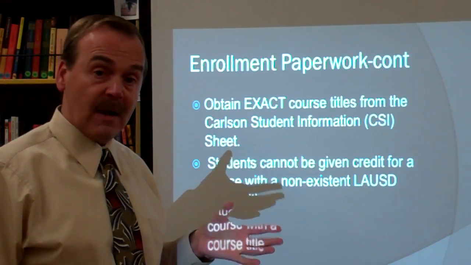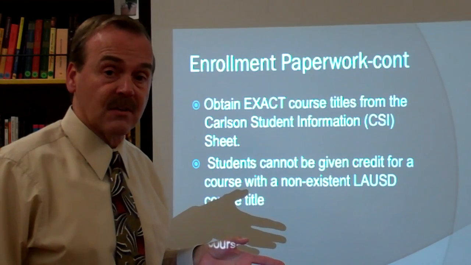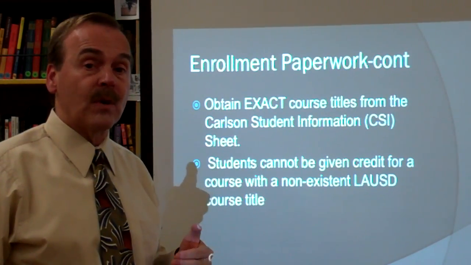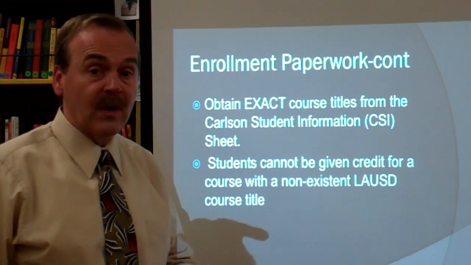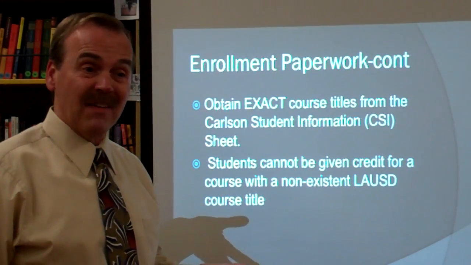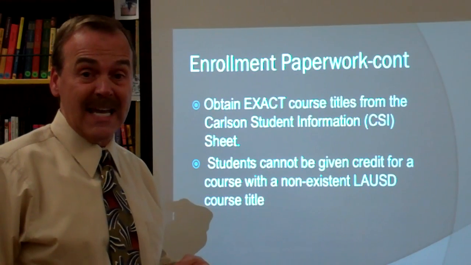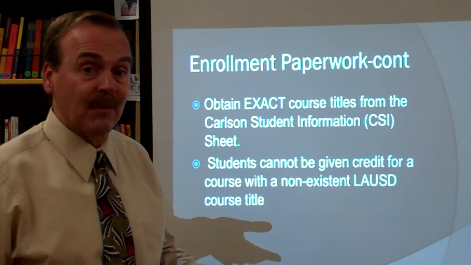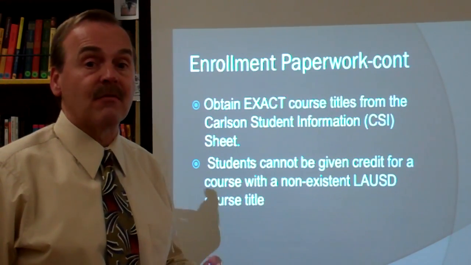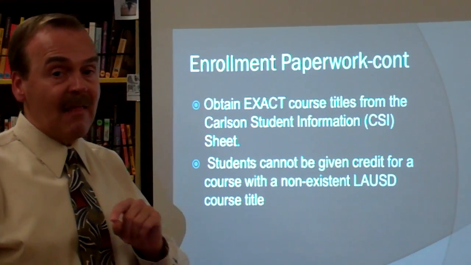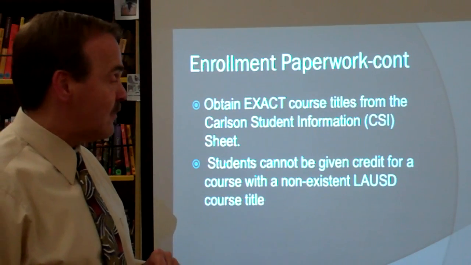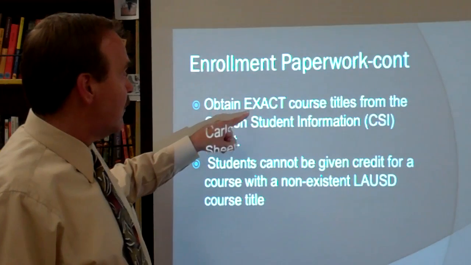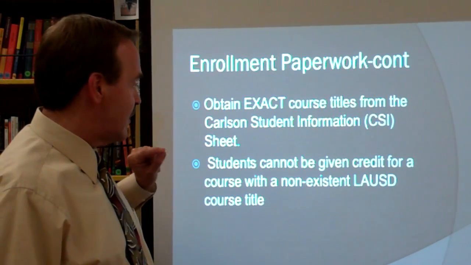If you have a question about it, by all means call the Carlson counselor, because you will have information that we don't, that affects whether or not the student can really take, because of their medical condition, Algebra 2A, for example. Maybe they need to be in world history rather than Algebra 2A. That's information that you'll need to talk with the counselor about. But barring information like that, you will be putting the student in the exact course titles that you're given.